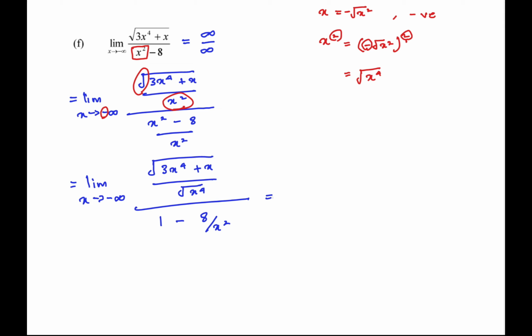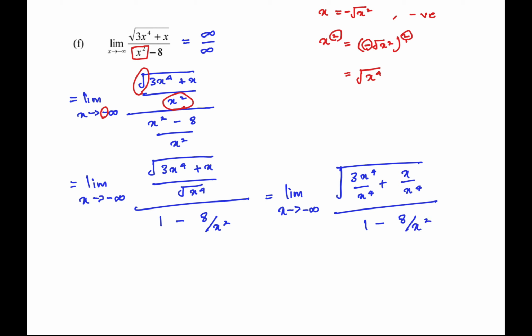When we simplify this one, we can get the limit as x approaches negative infinity of the square root of 3x^4 over x^4 plus x over x^4, divided by 1 minus 8 over x squared.